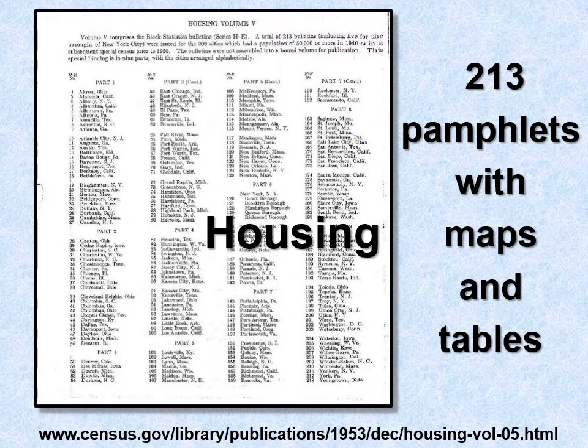Now, it turns out that the Census Bureau has published 213 pamphlets with that information for cities of 50,000 or more. It has maps and it has tables. And I'll repeat the bottom link there.